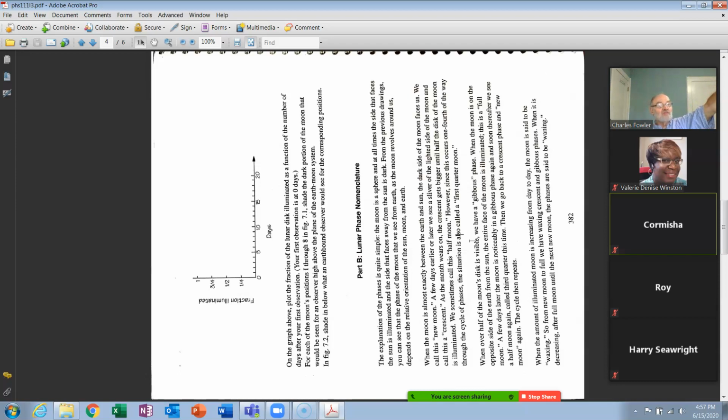Then when it starts getting smaller, still a gibbous moon, more than half, but getting smaller from a full moon, that's a gibbous waning, because it's getting less every night. Until it gets to a half moon again, or a third quarter moon, and then that's all it is. But it's waning because it was bigger and now it's going to be smaller. So it's still waning, and crescent waning, until it's just a tiny sliver of a crescent. Then it's a new moon again.